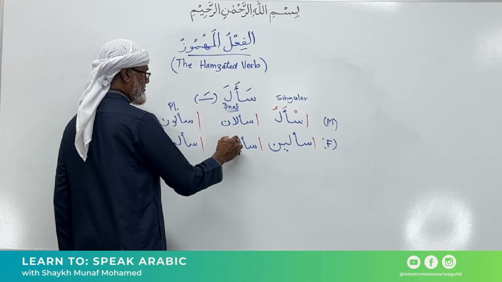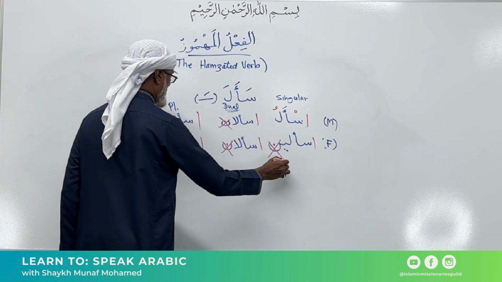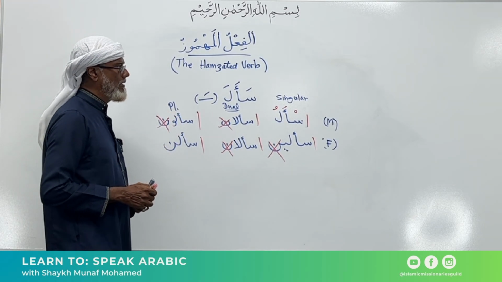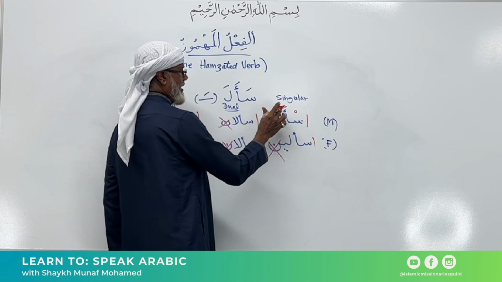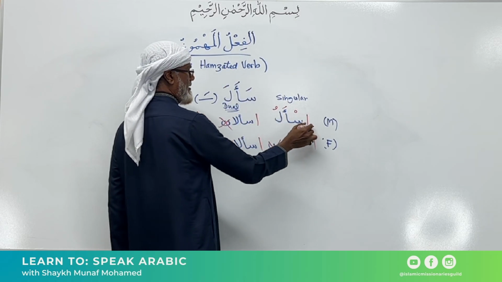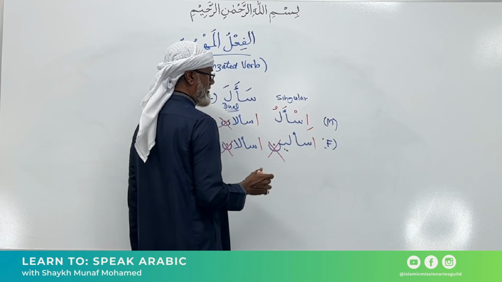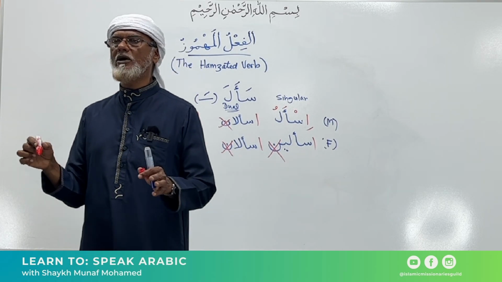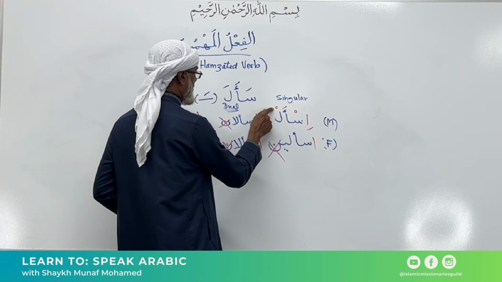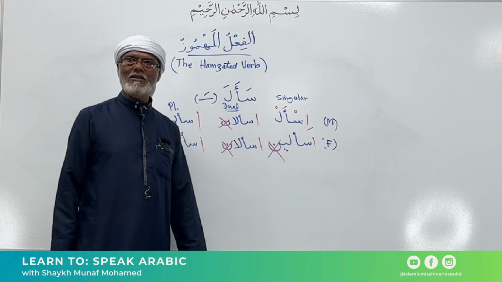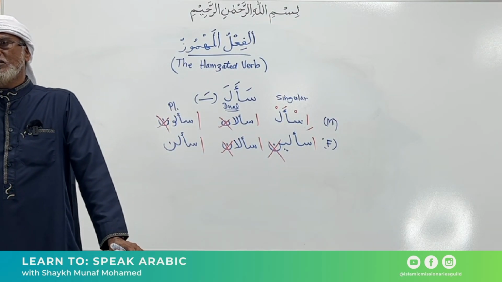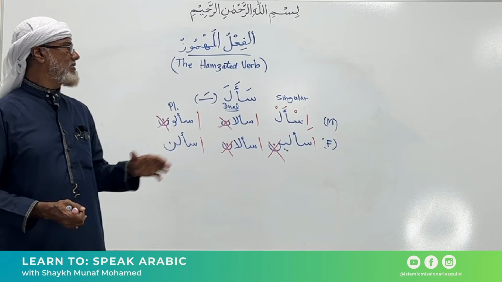We're dropping out the noons, except the noon on niswa. All right? And if the middle letter is not a dhamma, we just put a kesra, right? As long as it is not a dhamma, you put a kesra for the beginning. So the command is what? Is'al. Is'al. But now, is there any change when comparing with the sound verb?